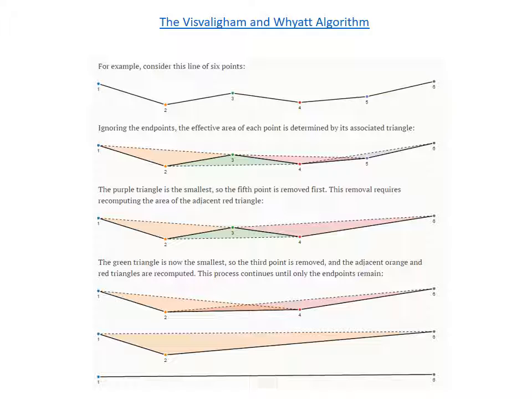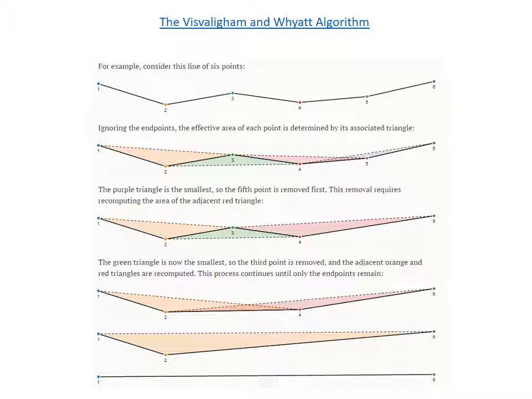So 1, 2, 3 form a triangle, 2, 3, 4 form a triangle, 3, 4, 5, and so on. And the way the algorithm works is we look at the areas of the triangles, and we choose the smallest one, and that is the one that we eliminate first. And so it's kind of an interesting way of solving the problem.